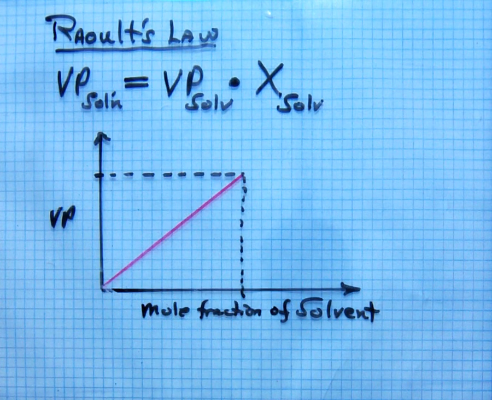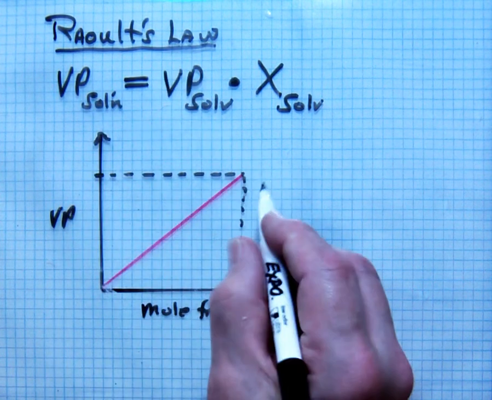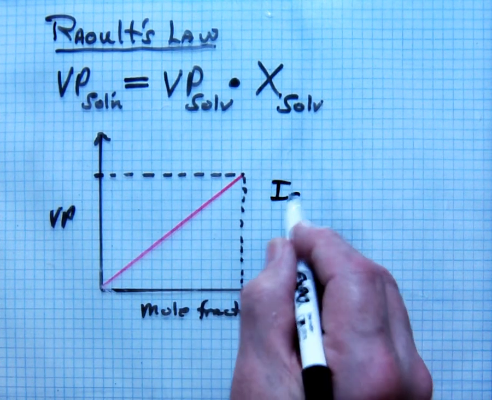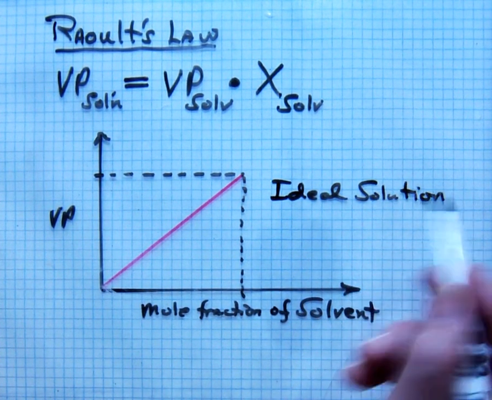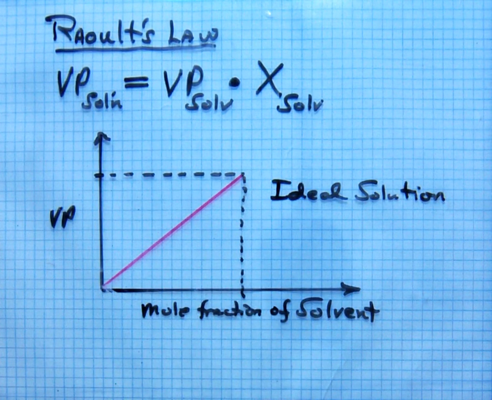Okay. Now, what this is showing is the ideal trend of vapor pressure as the amount of solvent mole fraction increases. So of course the solute concentration mole fraction would go down as this one went up. So there's kind of a seesaw effect here. But this is the ideal trend in an ideal solution. And so the calculations we're going to do are going to follow the trends in the ideal solution. So what does it mean?